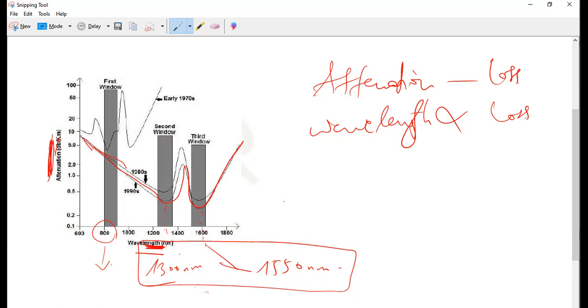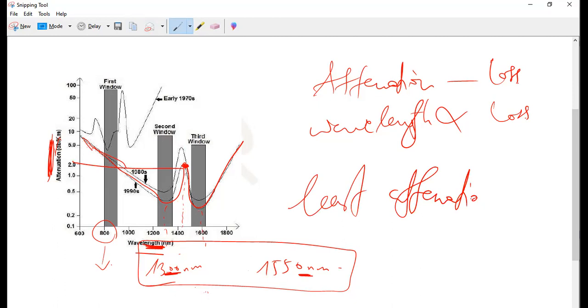Let me not say range. At 1.4 attenuation is very high. So these two wavelengths, 1.3 and 1.55, let light travel and suffer the least loss in transmission. Why? Because they have the least attenuation.